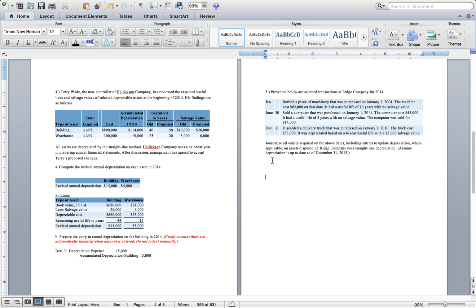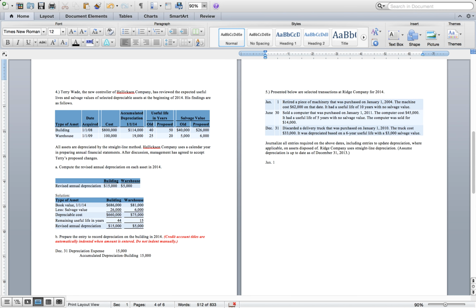Now, the next one here says, presented below are select transactions at Rich Company for 2014. So the first one here says, retired a piece of machinery that was purchased on January 1st, 2004. Machine cost $62,000, had a useful life of 10 years with no salvage value. Well, first things first, it says here you want to retire it.